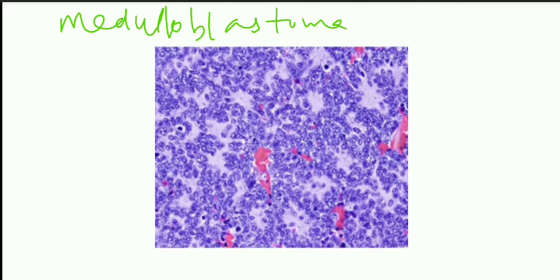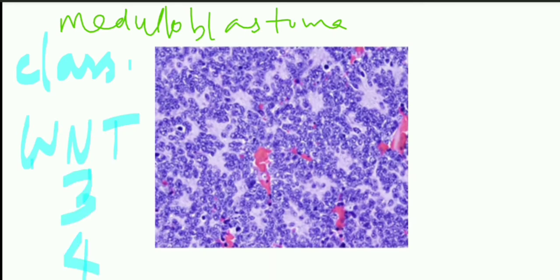What you see here is a classical medulloblastoma histology. Classical, we already know, is in categories 1, 3 and 4, that means WNT, group 3 and group 4. All these are related to classical medulloblastoma histology, and when you look at this picture you can see small round blue cells, and they are forming a certain pattern.